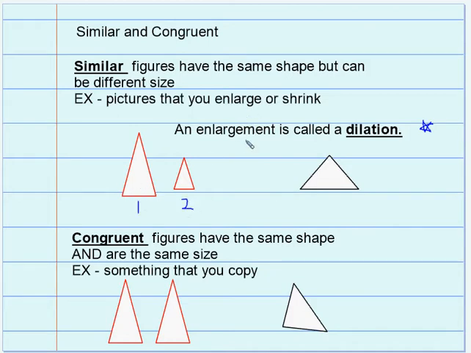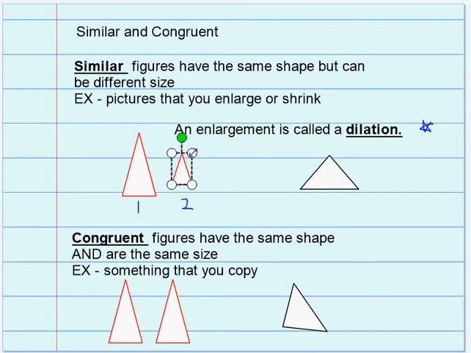Okay, triangle 1 and triangle 2 look similar. Okay, they look almost identical. Like if we shrunk triangle 1, it would look like triangle 2. Likewise, if we went from triangle 2 to triangle 1, triangle 1 is a dilation of triangle 2, and I can show you that here.